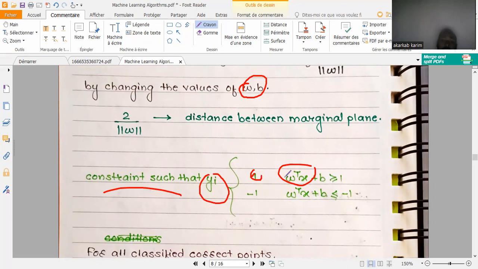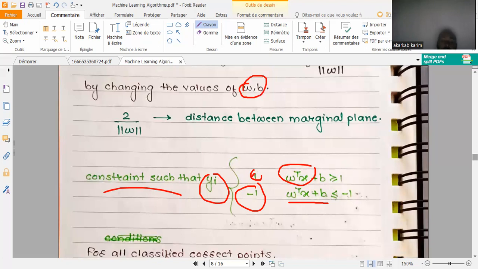Y is 1 if W transpose X plus B is greater or equal to 1, but W transpose X plus B is equal to minus 1 in this case. The output of Y should be 1 or minus 1. That's the difference of the equation that we have here: it is greater or equal to 1, or less or equal to minus 1.